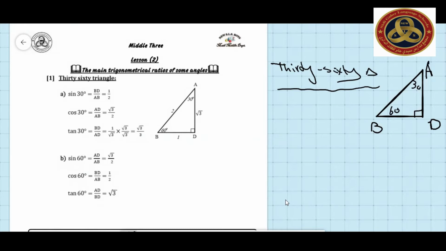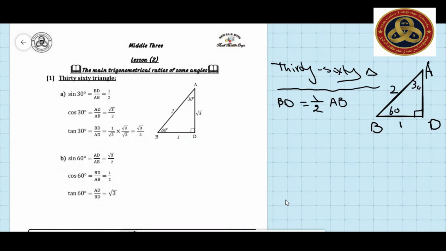Do you remember? So what is the side opposite to angle 30? It is BD. Excellent. So BD equals half the length of the hypotenuse, which means half AD. So I can write this ratio on the figure: the side BD equals half the hypotenuse. This is the basis of this rule.